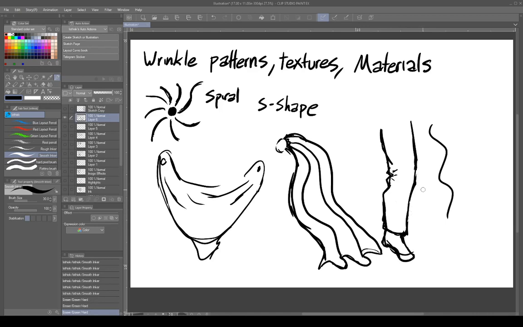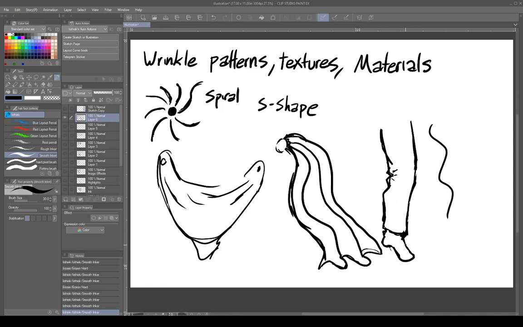Because there's a difference between silk pajamas and a pair of jeans, right? And there's going to be a difference even further between the jeans and the leather of a boot or something, right? So boot leather can be super angular, can be similarly angular, right?